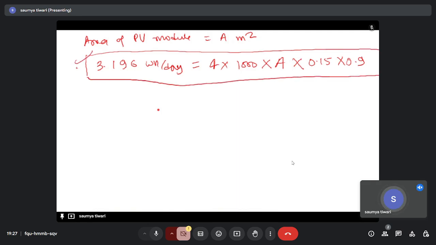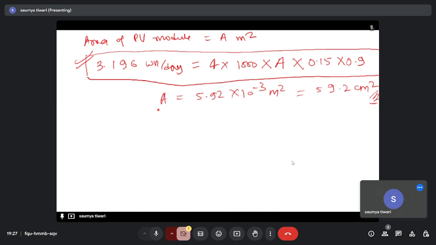Whatever is produced considering the module efficiency should be equal to the required input energy to the battery for a particular day. So if you solve this, your area will be 5.92 into 10 to the power minus 3 meter square, or just to understand it, 59.2 centimeter square will be the required area.